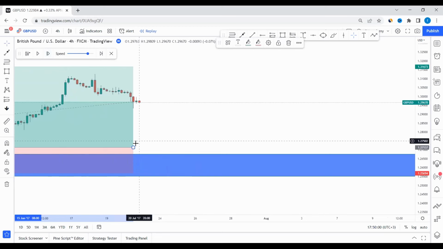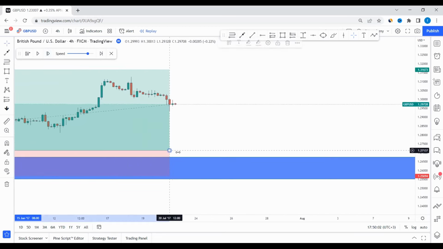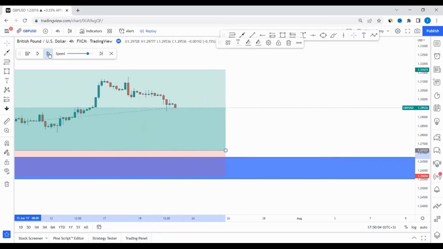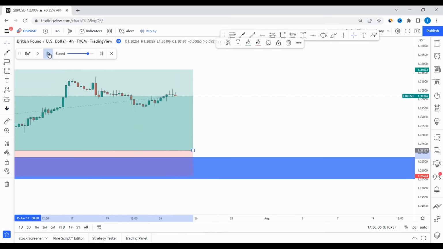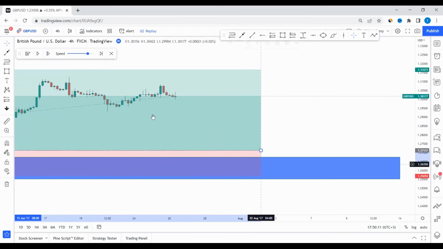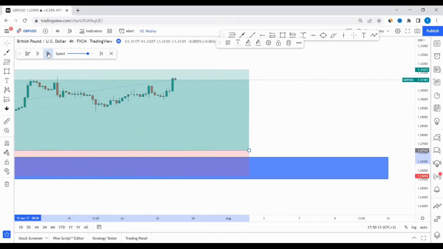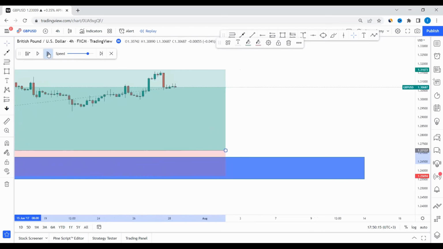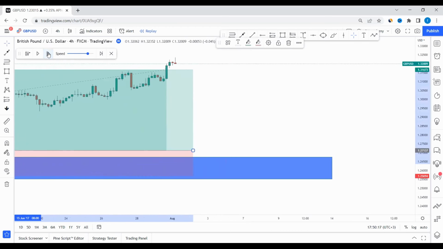Of course, it was a weekly setup, so it's a swing trade, right? Okay, wow, it's consolidating in one place. Okay, we're almost there. So finally, we do win our trade.